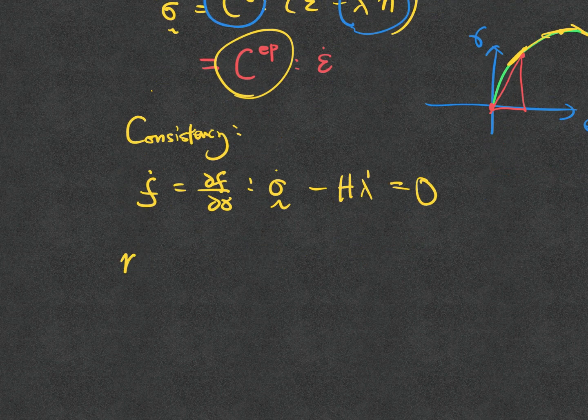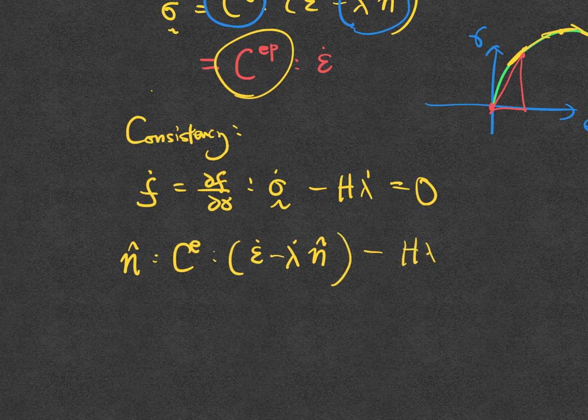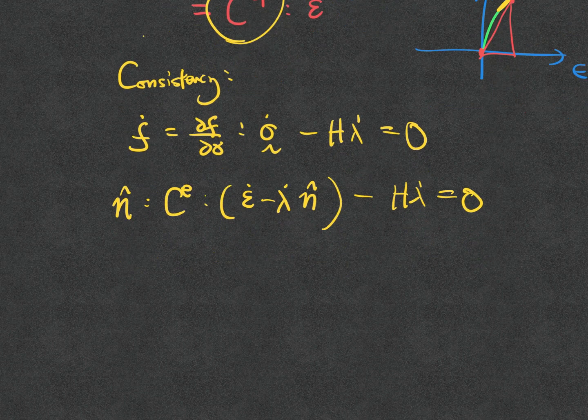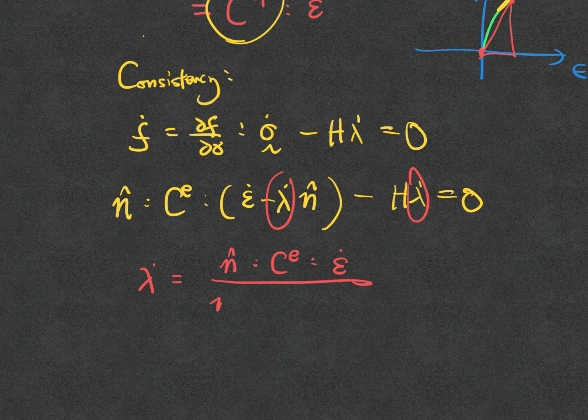If I actually do the derivations, expressing this sigma dot using the rule where the stress change is related to the tangent of the elasticity times the difference between the elastic and plastic strain, then what I would have is this. Now I can put every term on one side and do some algebra, and I will have lambda dot equals n double dot CE double dot epsilon dot divided by n double dot CE double dot n plus h.